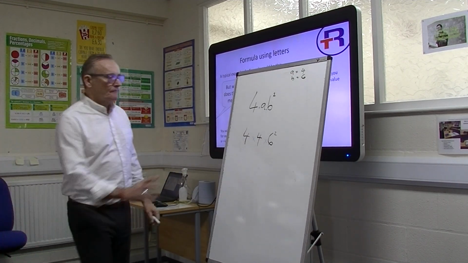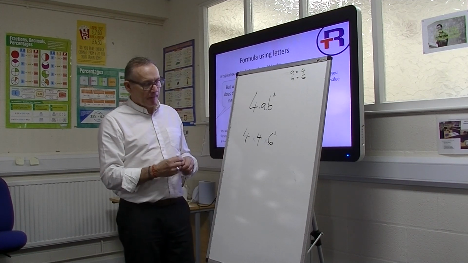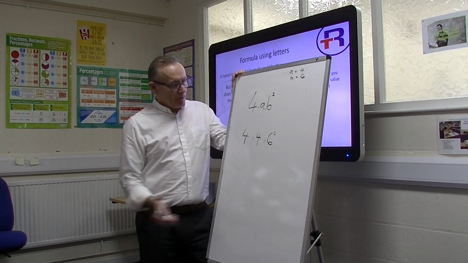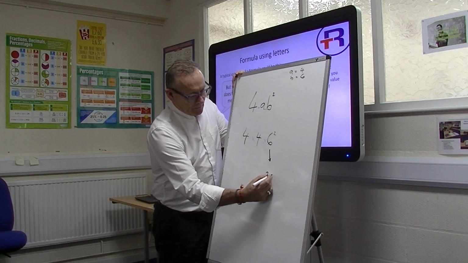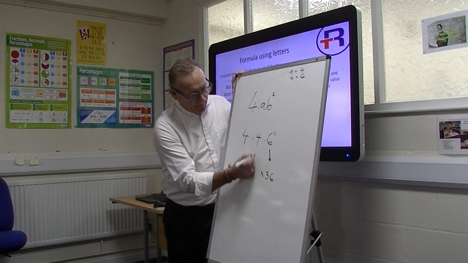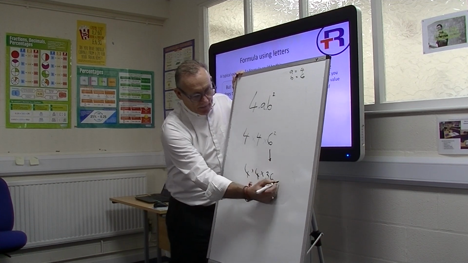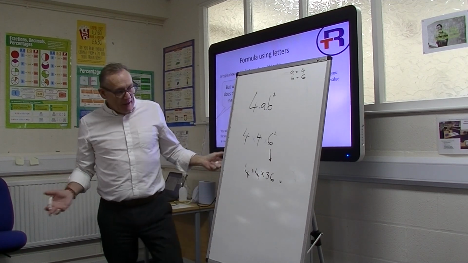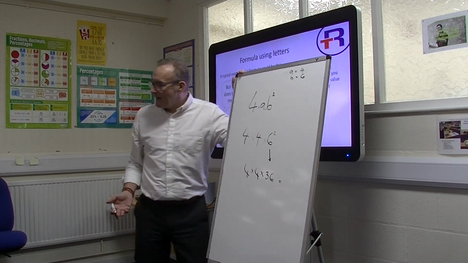Then we apply the BIDMAS rule. Brackets, there are none. Indices, there you go, 6 times 6, 36. Rewrite the sum, 4 times 4 times 36. Now we've just got multiplications all the way through, so we can put that in our calculator, and boom, we get the answer.